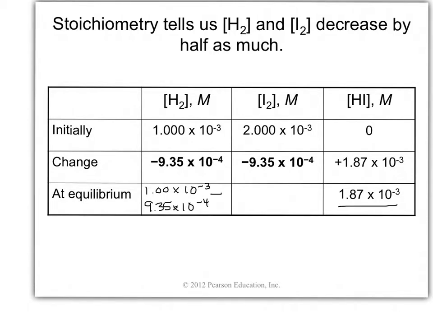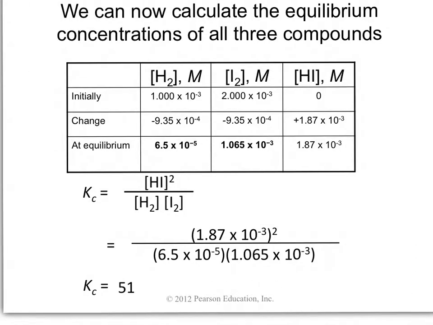And in the case of I2, since I'm starting with more, I'm going to take the initial concentration, 2 times 10 to the minus third molar, and subtract the amount used, 9.35 times 10 to the minus fourth molar. Doing the math, I find the final concentrations of H2 and I2 at equilibrium.